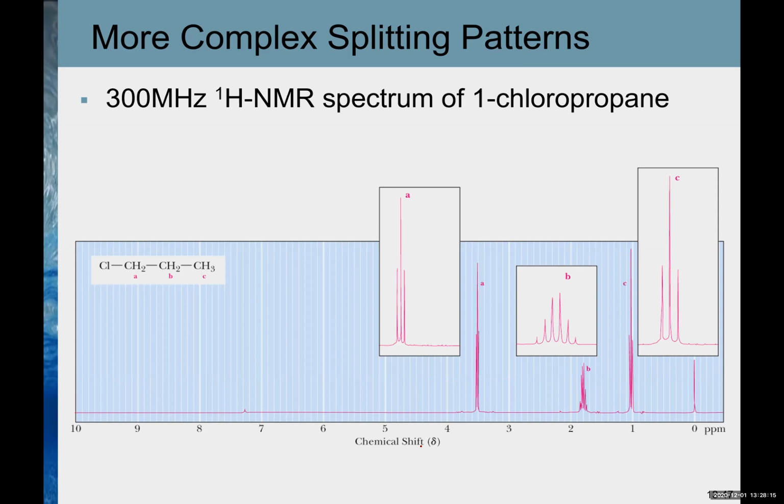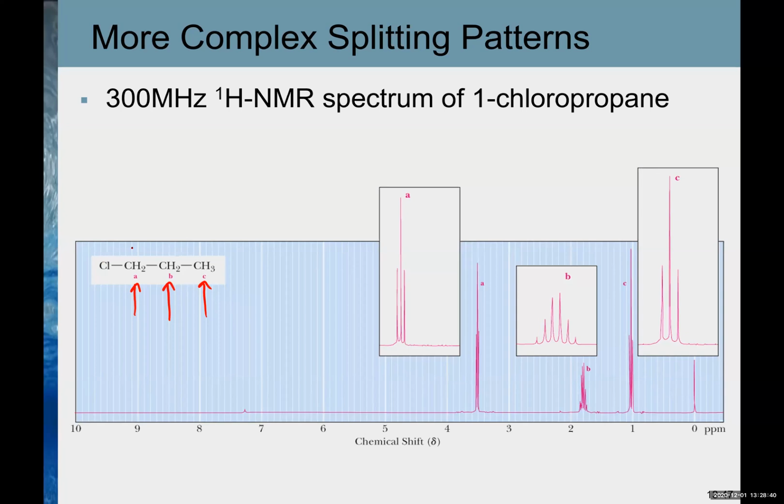This spectrum is the NMR spectrum of 1-chloropropane. As we can see, we have 3 equivalent hydrogen groups, A, B, and C. Group A is connected to a carbon which is bonded directly to chlorine.